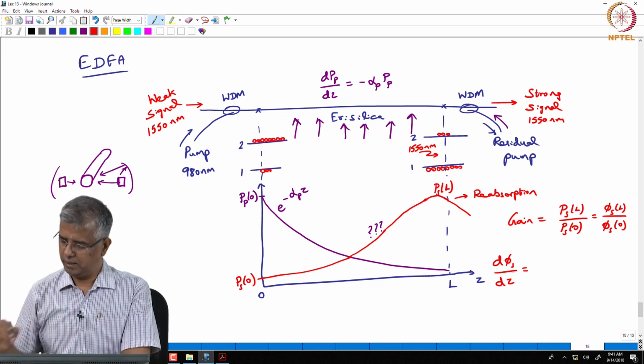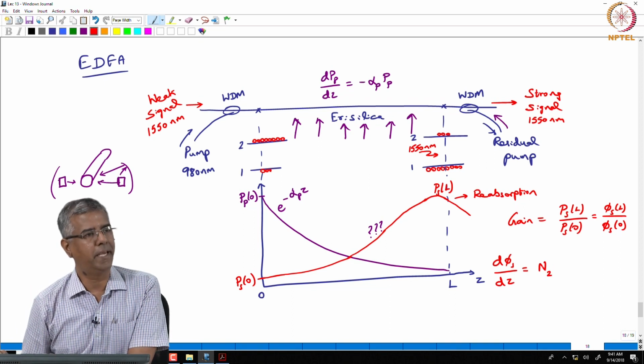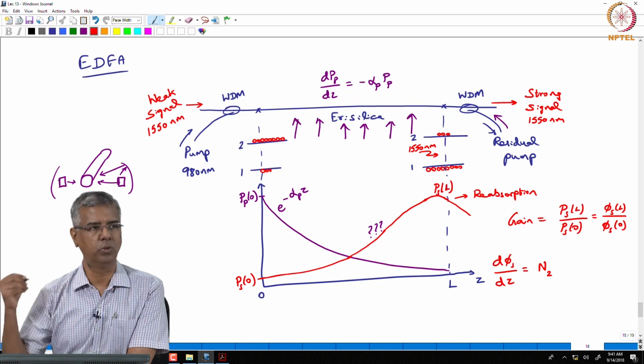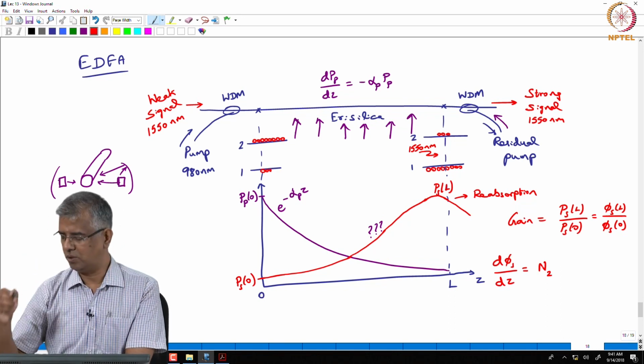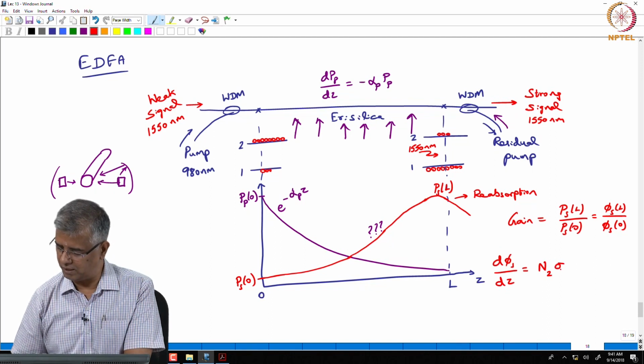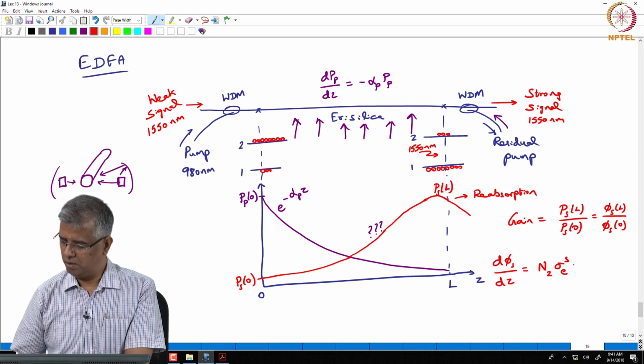That I can write as N2, and I will not use Wi anymore, because I want to bring out the fact that sigma E and sigma A are different. So I would write sigma E at the signal wavelength, multiplied by phi s.